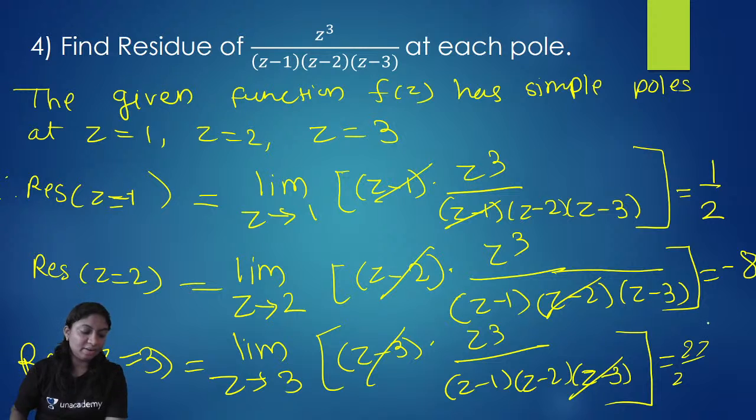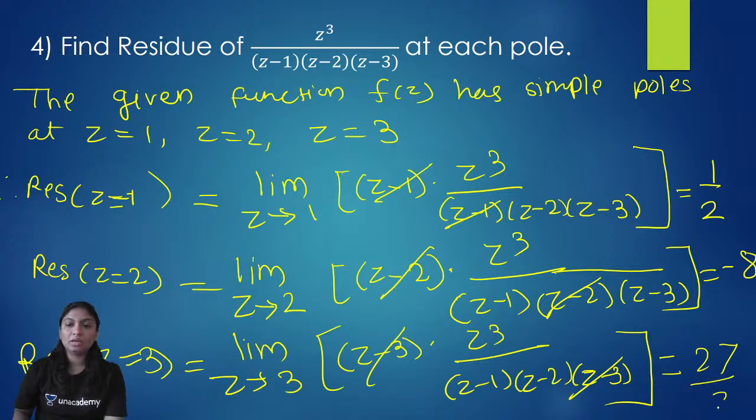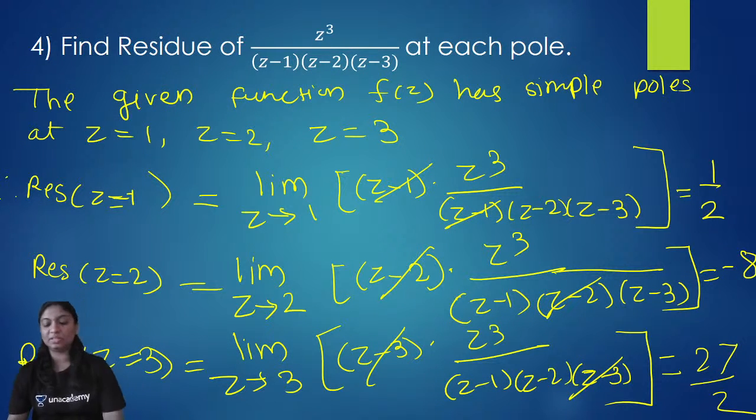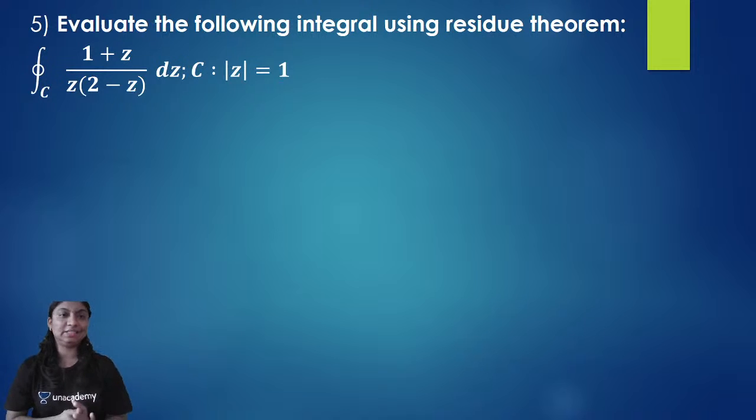So 27 by 2 is the final answer for this pole. Now it's a simple pole, so the example is very simple. This is the first example on the residue. Let's move on to the next example.